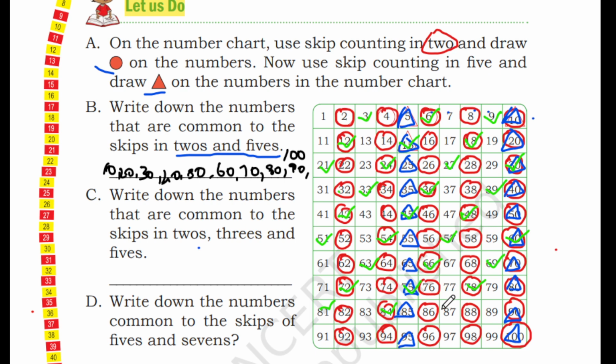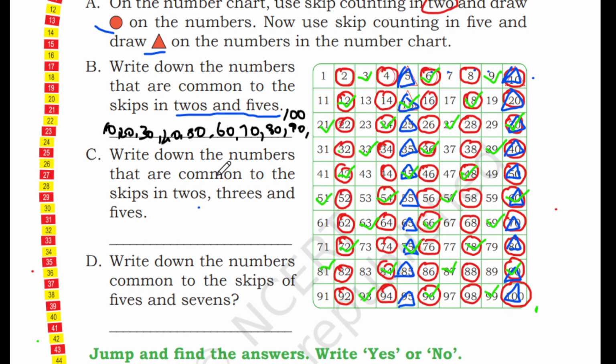Sorry. Then we have 90, again 93, 96, 99. The next jump we will go to 102, which is not here. So we will stop at 99.